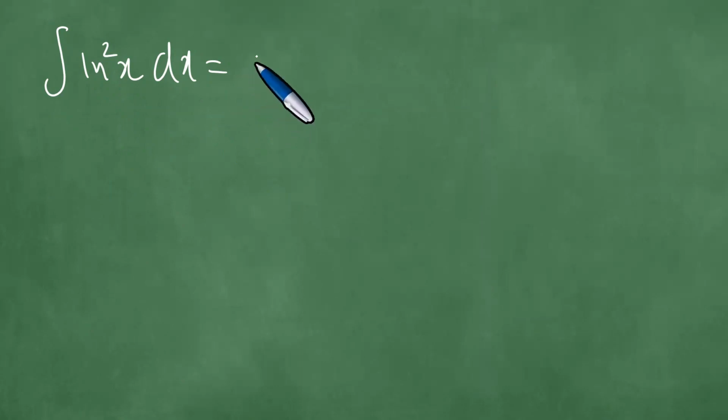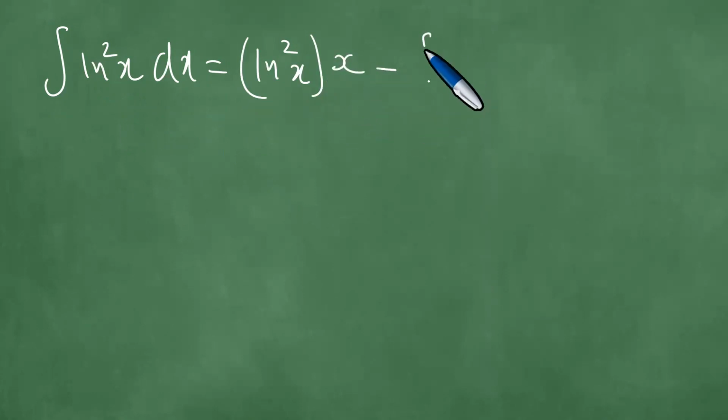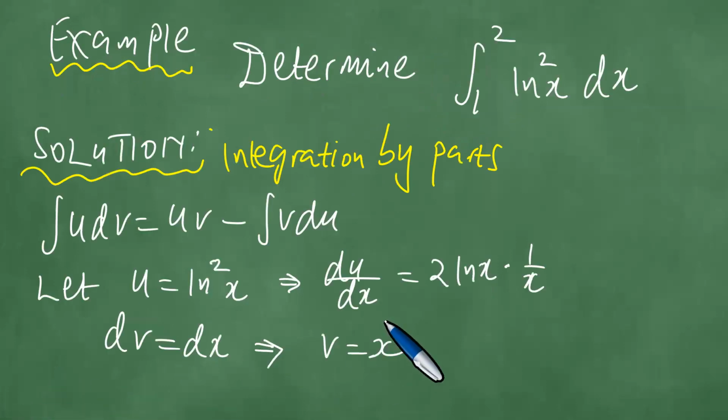We chose u to be ln squared of x. v, we got to be x, minus the integral of v, which is x, du. What is du from this? du is 2 ln x over x dx.